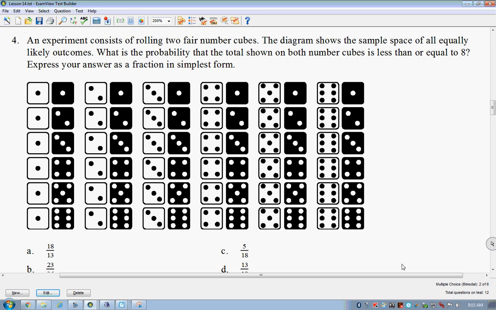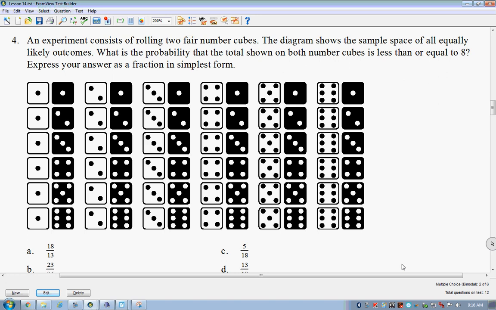So we've got 6, and 6 is 12. 12 plus 5 is 17. 17 plus 4, 21. 21 plus 3, 24. 24 plus 2, 26 over 36, right?